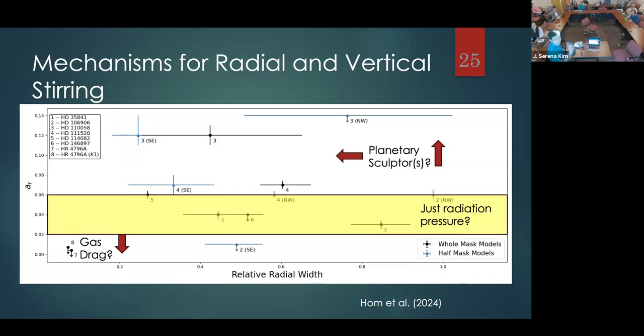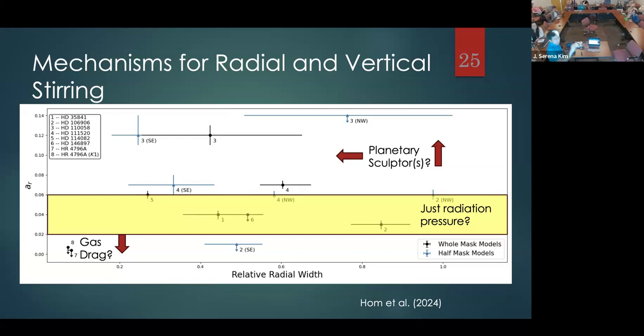Here I'm plotting on the y-axis what you can think of as a vertical scale height. And on the x-axis, you can think of this as a relative thickness in the radial direction of the rings. And you can map these to different dynamical sculpting scenarios. So in the bigger scale height regime, and maybe a narrower ring width, you could think of this as possibly coming from perturbations from planetary sculptors.